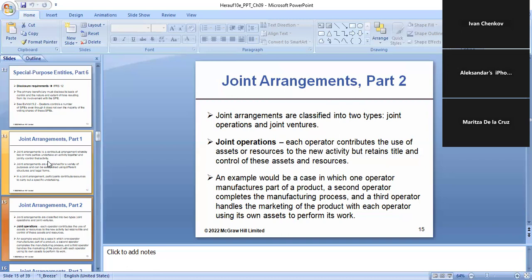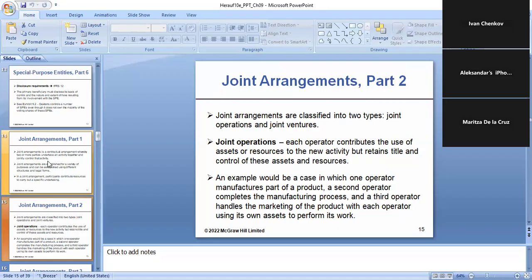So basically, the operators in that type of joint arrangement contribute the assets, but they remain in control of the assets.